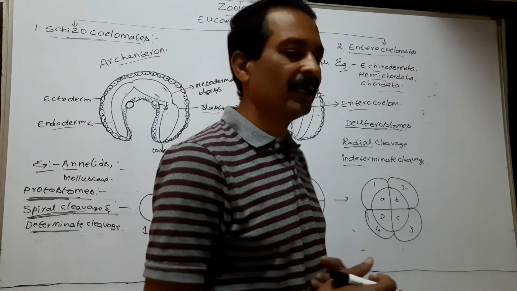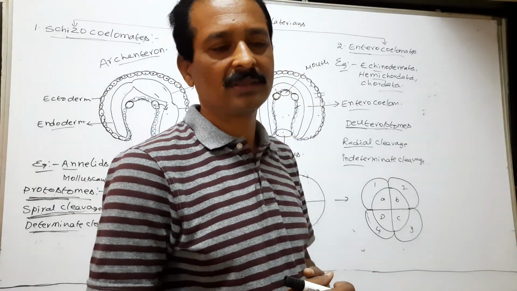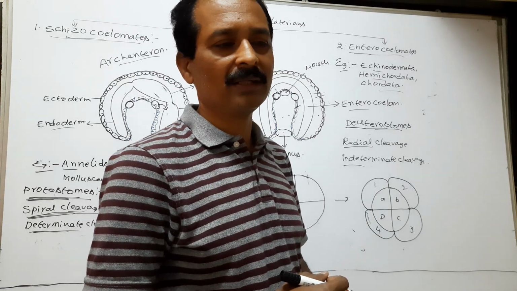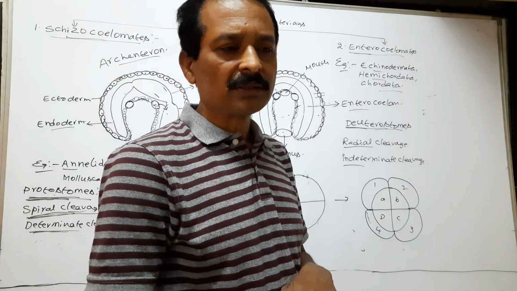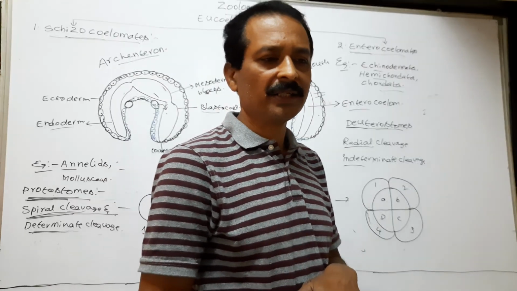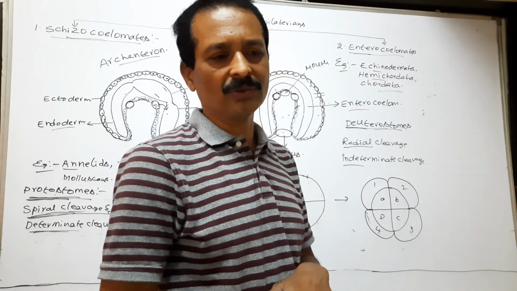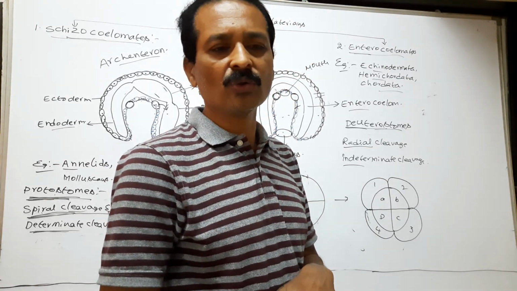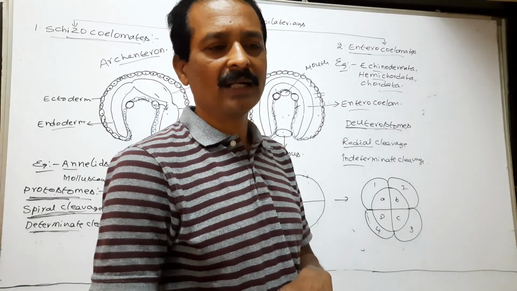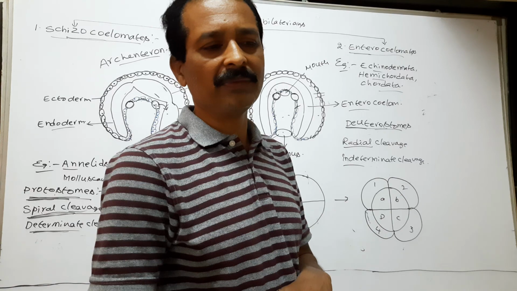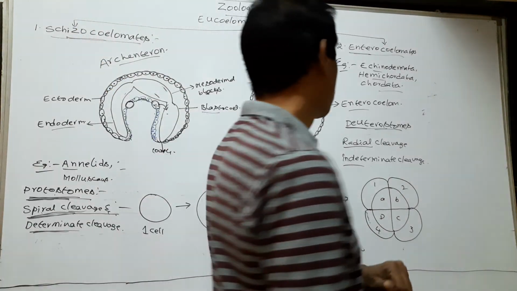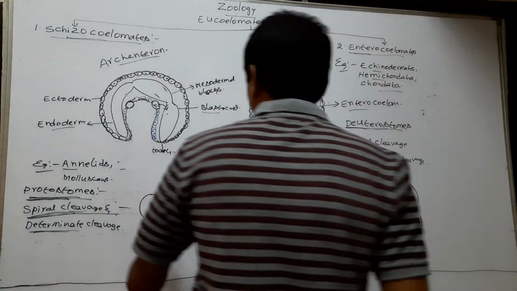Next, indeterminate cleavage. When the original cell in a deuterostome embryo divides, the two resulting cells can be separated and each one can individually develop into a whole organism. So this is the zygote.